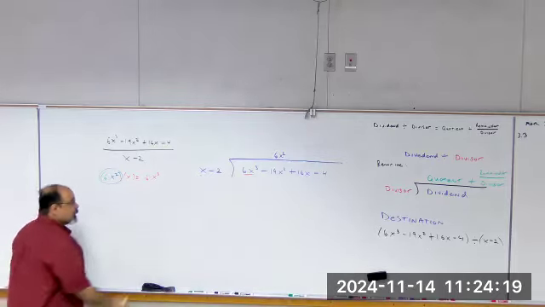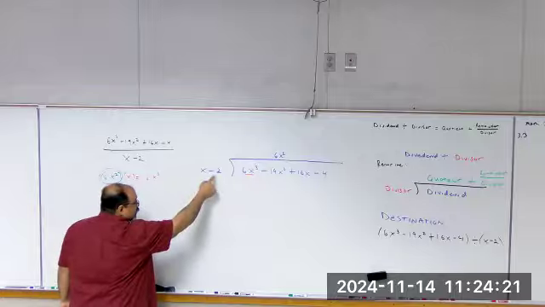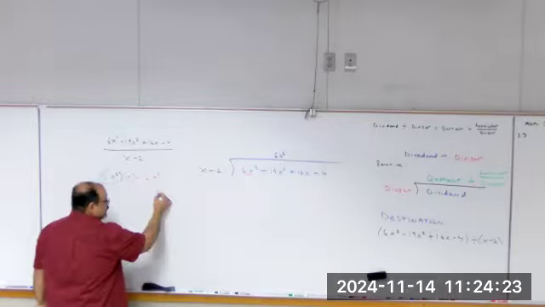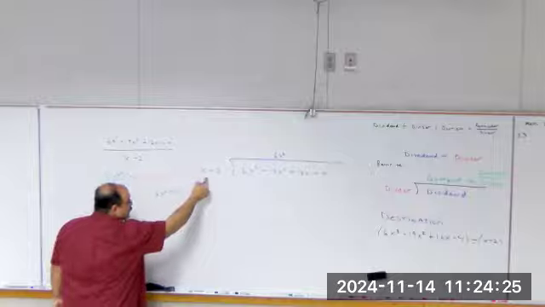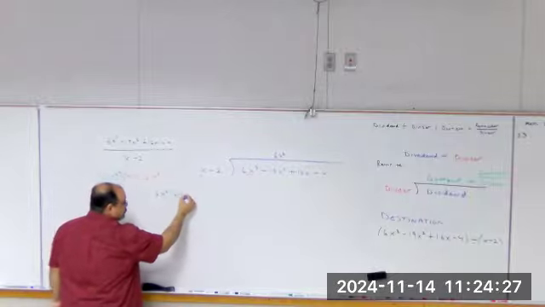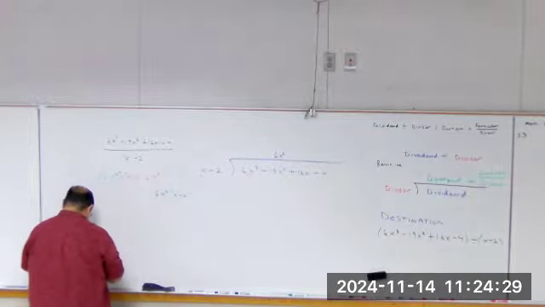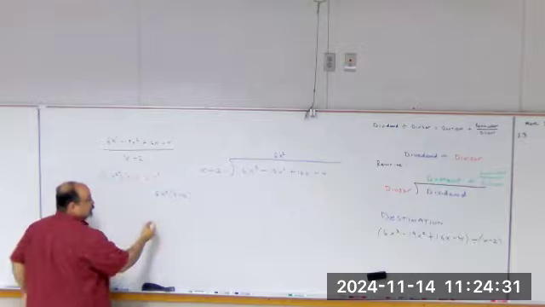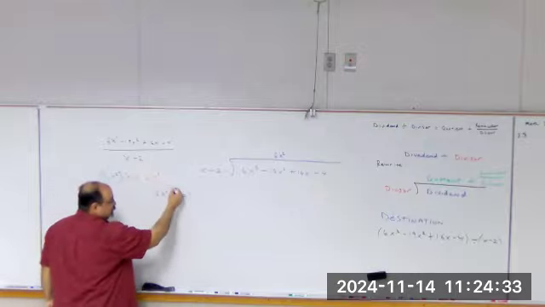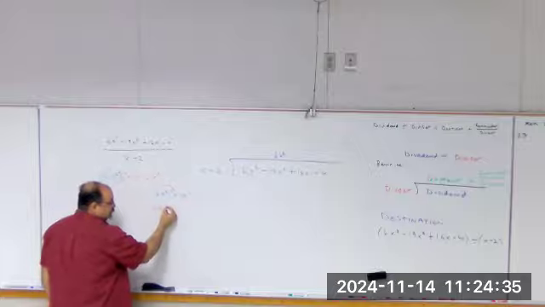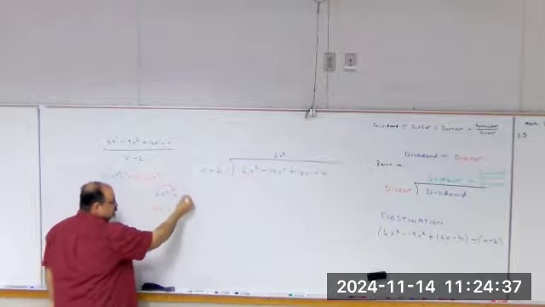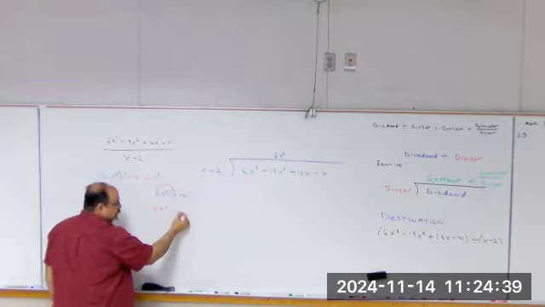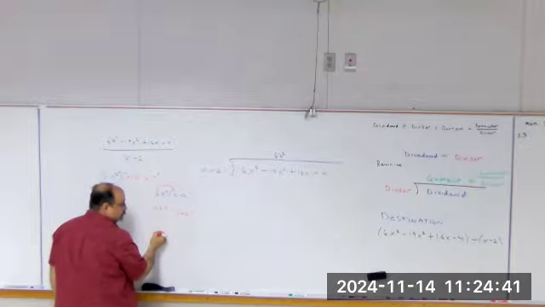You distribute 6x squared times these two now, 6x squared times x minus 2. Now I got to multiply. 6x squared times x is 6x to the third. 6x squared times negative 2 is negative 12x squared.